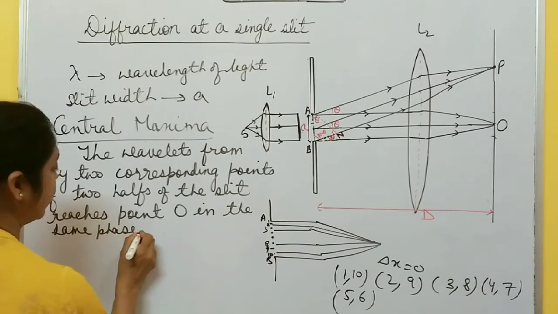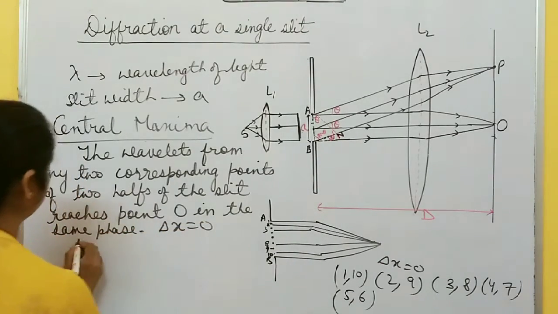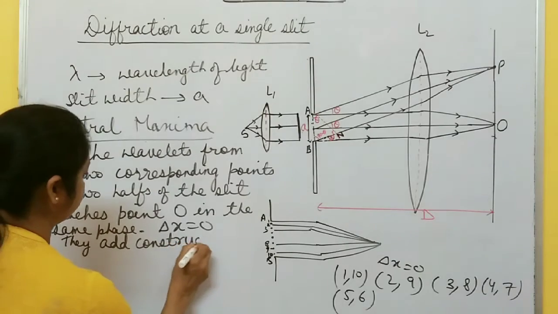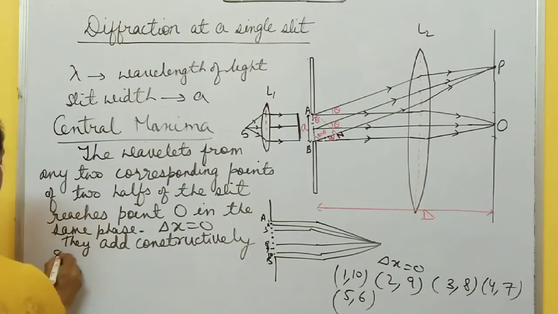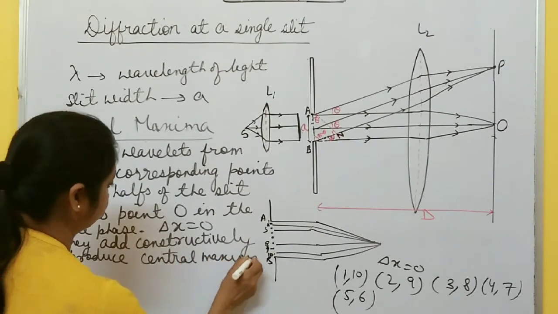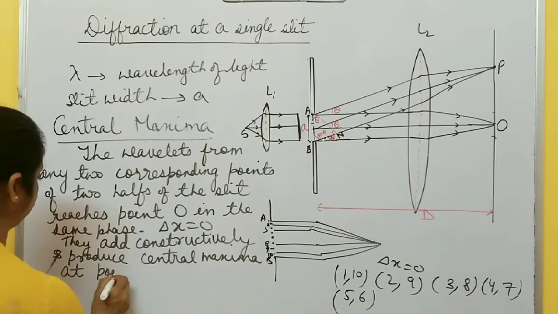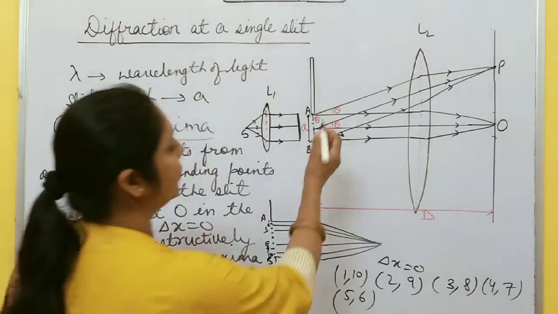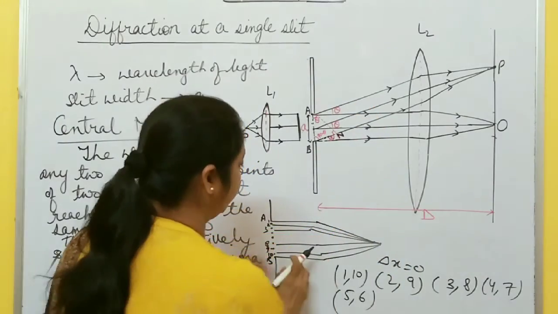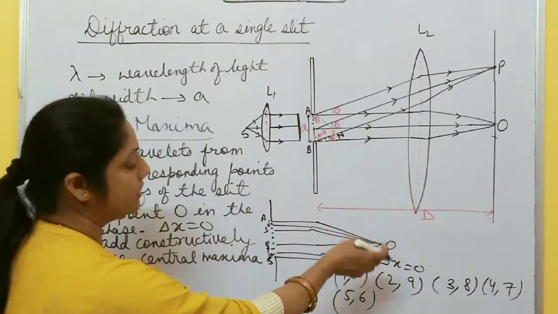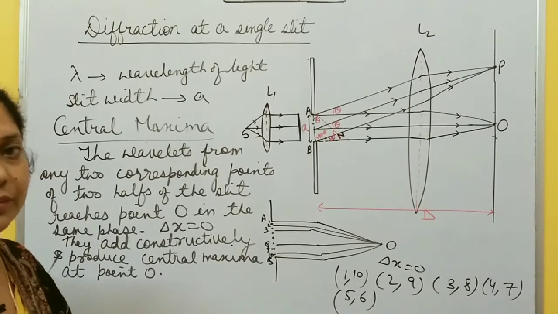It means path difference is 0, so they add constructively and produce central maxima at point O. So you write 2 or 3 lines that the wavelets from any two corresponding points of the two halves of the slit reach point O in the same phase, hence path difference is 0, hence a central maxima is formed at point O of the screen.